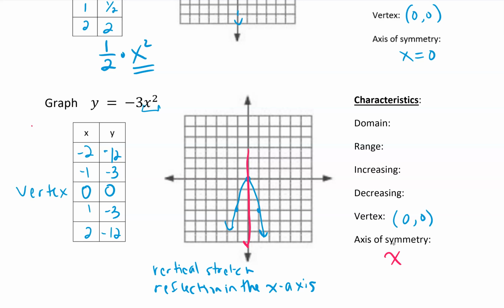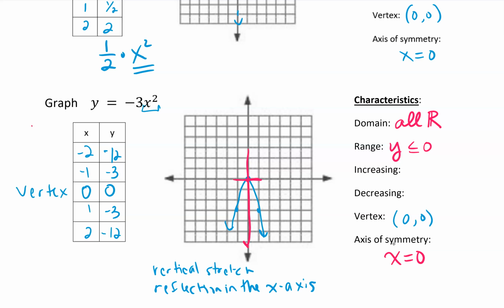Let's see. x equals 0. Perfect. Now our domain, still a quadratic, so our domain is all real numbers. Our range, this time we have a highest point, we have a maximum instead of a minimum. So all of the y values are below the point 0, 0. So our range is y is everything less than or equal to 0.